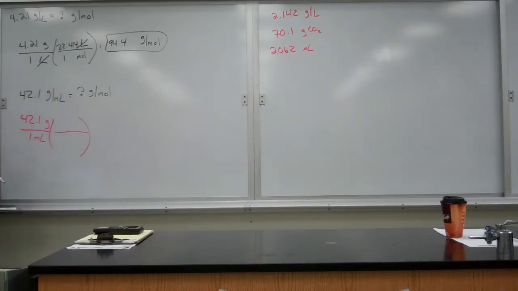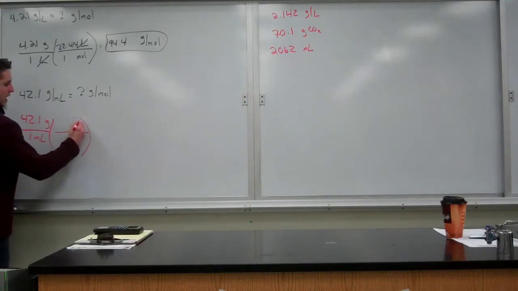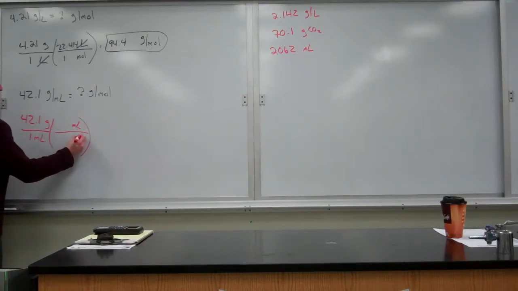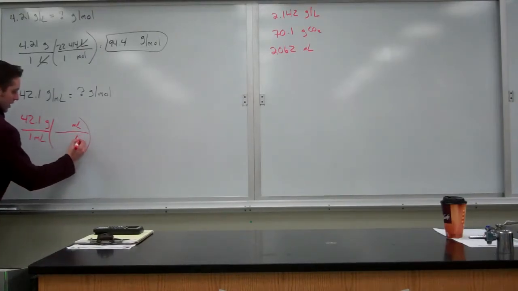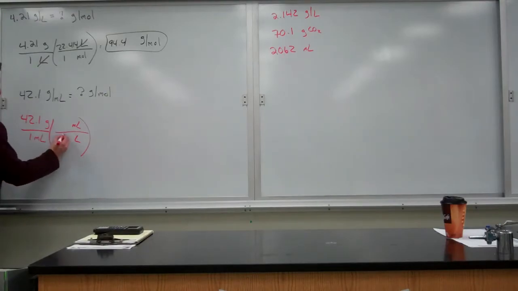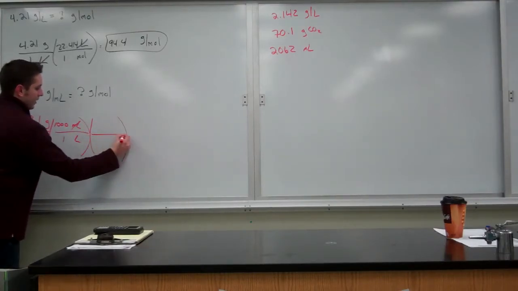Next thing I did was I tried to get rid of the unit on the bottom and get to the desired unit. Milliliters would go on top. We try to put moles down here, but you'll find out we don't know a relationship between milliliters and moles. So that means we'll have to do more than one step. What I do know a relationship between is milliliters and liters. 1 liter takes up 1,000 milliliters. Milliliters cancel, and I try again.